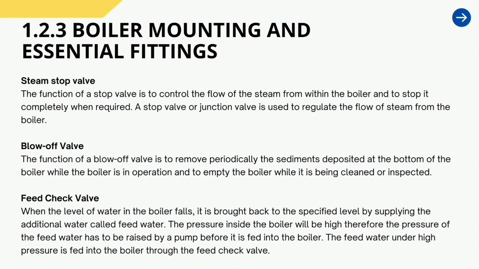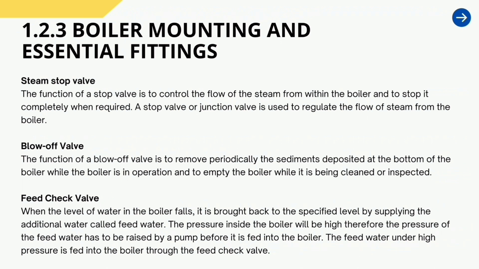A stop valve or junction valve is used to regulate the flow of steam from the boiler. Blow-off valve. The function of a blow-off valve is to periodically remove the sediments deposited at the bottom of the boiler while the boiler is in operation, and to empty the boiler while it is being cleaned or inspected.